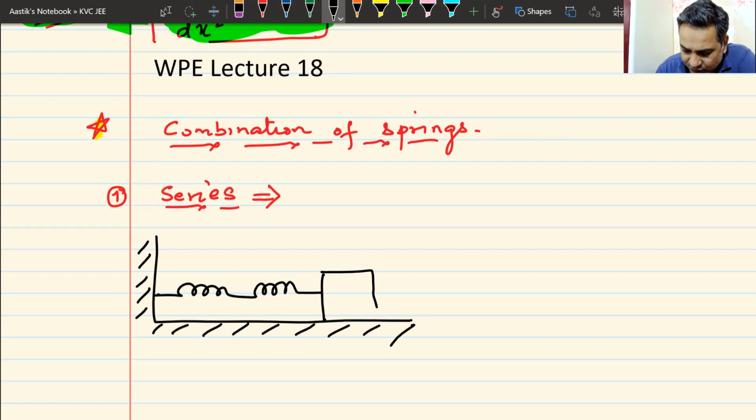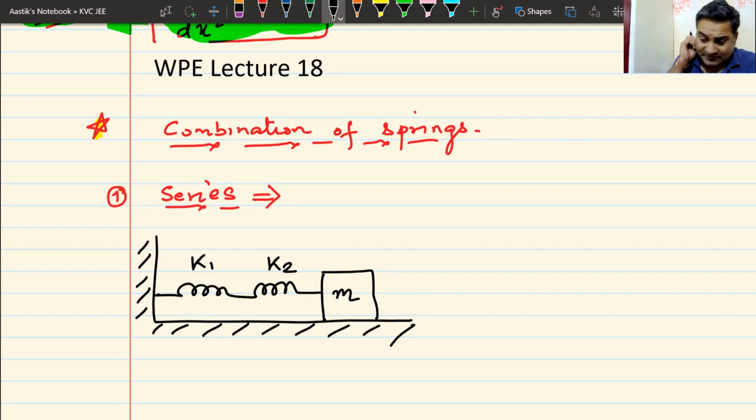It can be more than two springs as well. I am just making it as two. It can be three, it can be four, it can be n numbers. Now, two springs are attached like this. The spring constant of first spring is K1. The spring constant of second spring is K2. That is how it looks. This type of combination of springs is known as the series combination of springs.